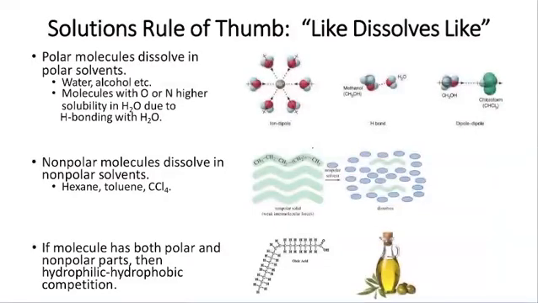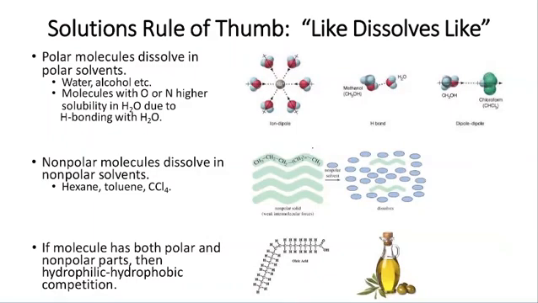And the rule of thumb for making a solution in chemistry is going to be the idea that like dissolves like. What this means is that if you have something that is polar, it's going to dissolve in something that is polar. If something is non-polar, then it's going to dissolve in something that is non-polar, okay?